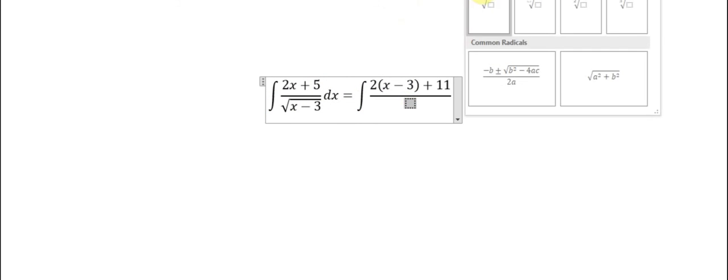We have 2s minus 6, but we have plus 5 at the beginning, so we add 11, because 2 multiplied by minus 3 is minus 6, plus 11 is 5, and we have the square root here. Now we can split into two integrals here.